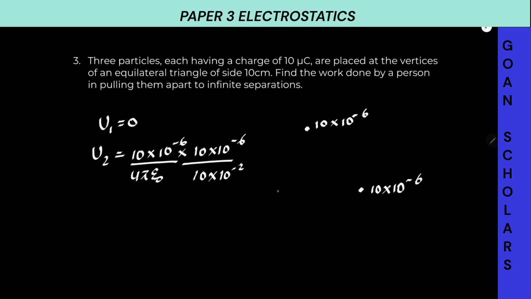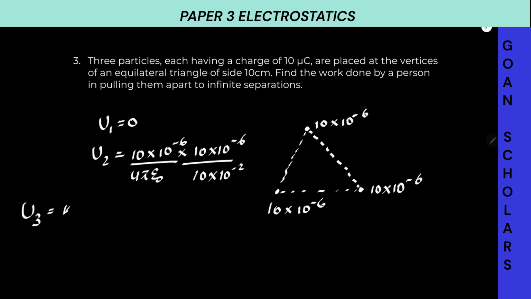Now when I place the third charge at this point, at a distance of 10 centimeter from the first charge and 10 centimeter from the second charge, this will again be 10 into 10 to the power minus 6. The work done will be U3, which is this charge's interaction with the first and the second.